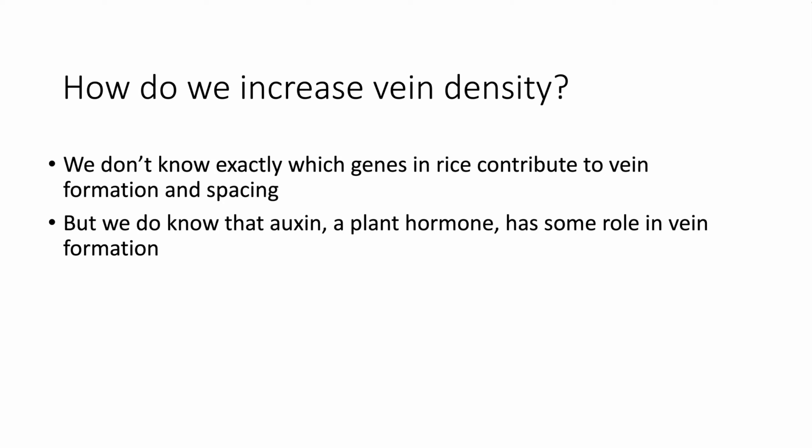So there's a few unknowns, and we're going to be dealing with a large number of genes because we don't know yet which ones might be the most important. So we're not aware yet exactly which genes contribute to vein formation and how they're spaced and so on.